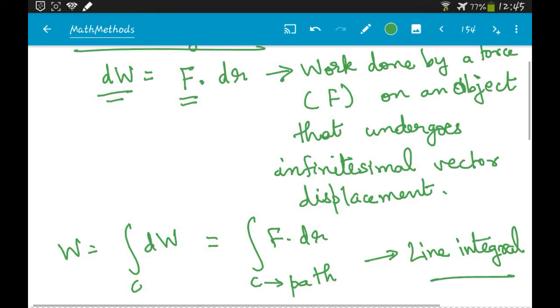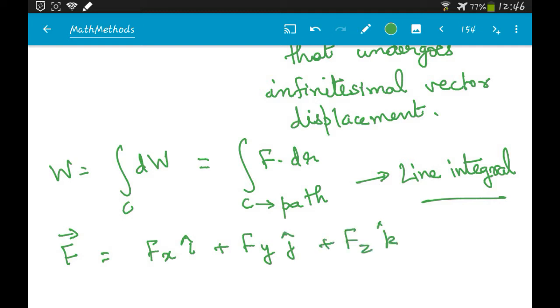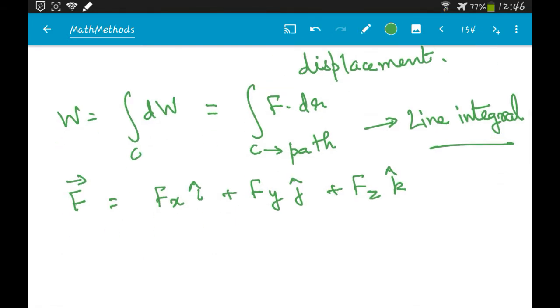Here, the force field is a vector and can be given by Fx i plus Fy j plus Fz k. And r is a vector, which can be given by x i plus y j plus z k.